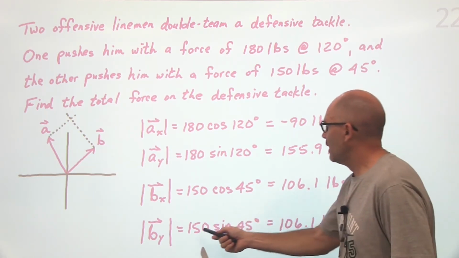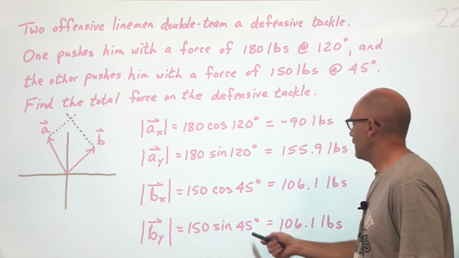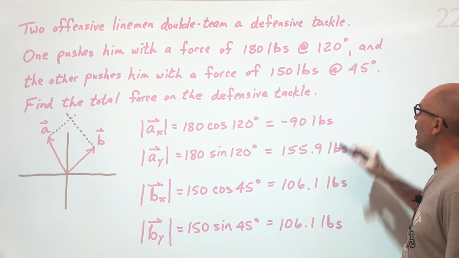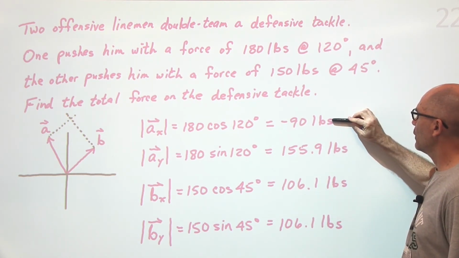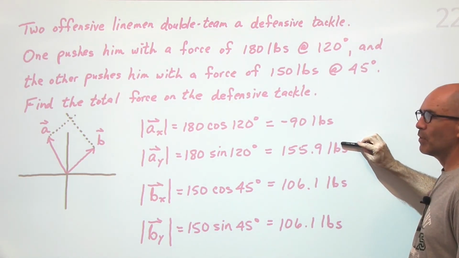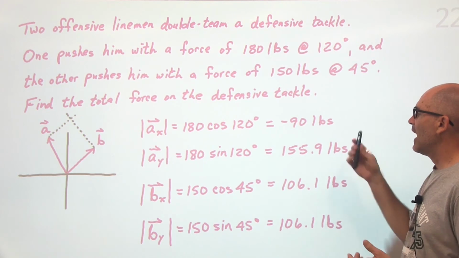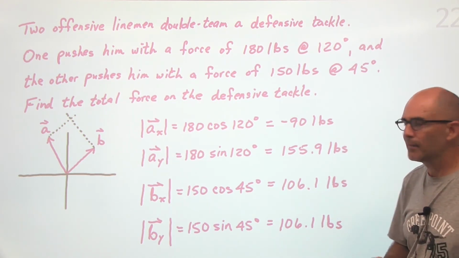And then the y component is 150 sine of his angle. So now I have the x component of A and of B, and the y component of A and of B. So what I'm going to do is add the x's, add the y's.